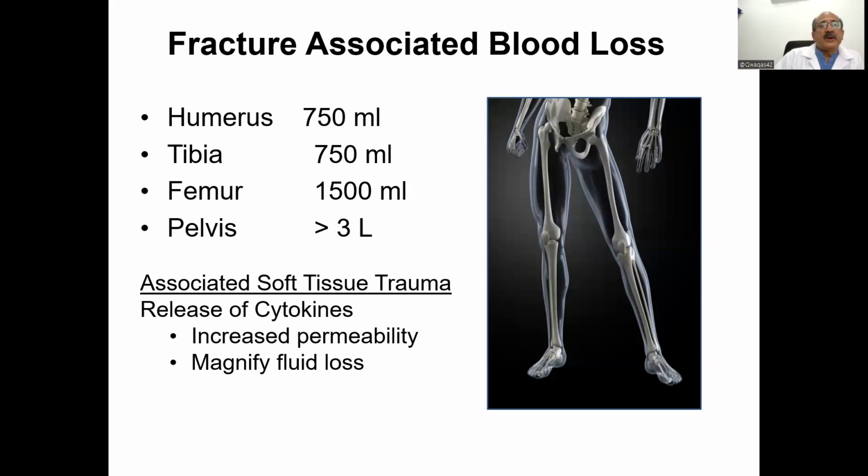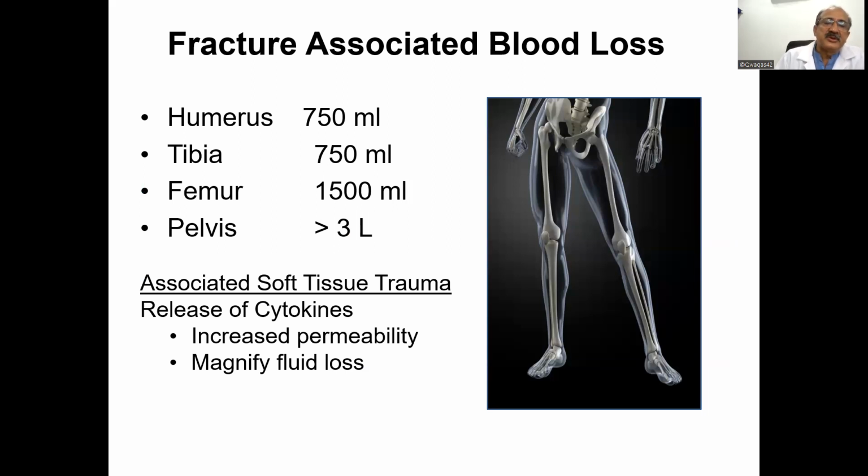Now, see what happens with fractures of the long bones and the pelvis. With the humerus and tibia, we can lose 750 ml each. Femur, 1000 to 1500 ml, but not less than 1000 ml.